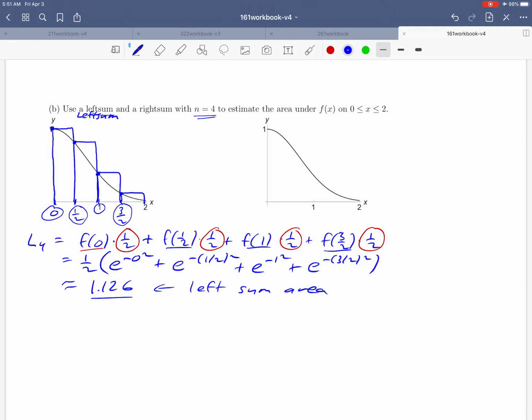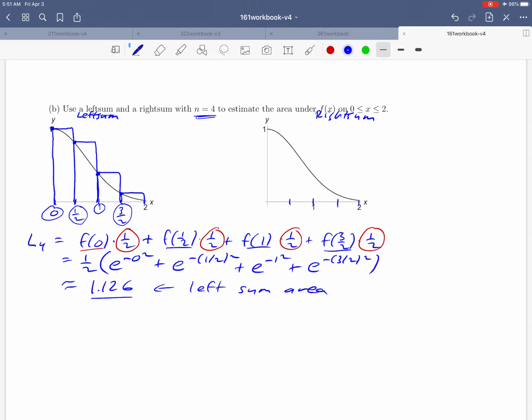If you like, you could pause the video at this point and see what you can do with the right sum. Draw in those rectangles and estimate the right sum value. Welcome back. Let's do the right sum part of this together and see if we got the same answer. So n is still equal to 4, which means we're still chopping our interval into 4 equal pieces.